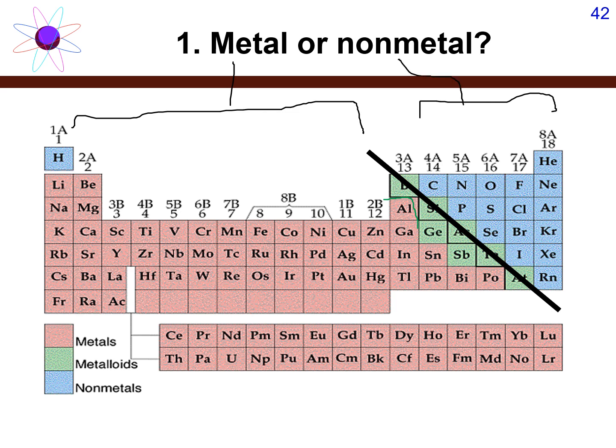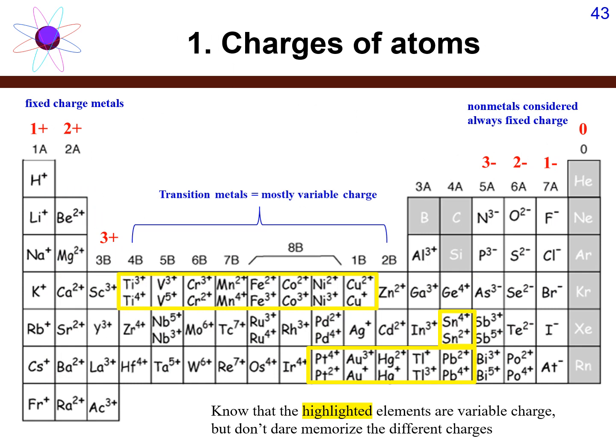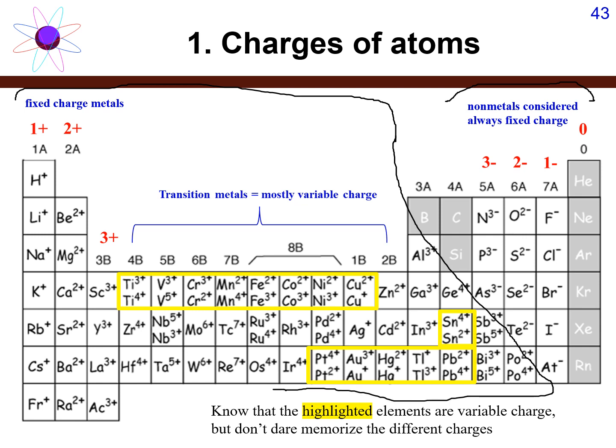Now let's talk about charges. Here's a periodic table. Whenever an atom has a charge, they will have a specific charge. Remember, these are metals on this side, and then over here it's going to be our non-metals. What you should notice about the metals is they all have a positive charge.